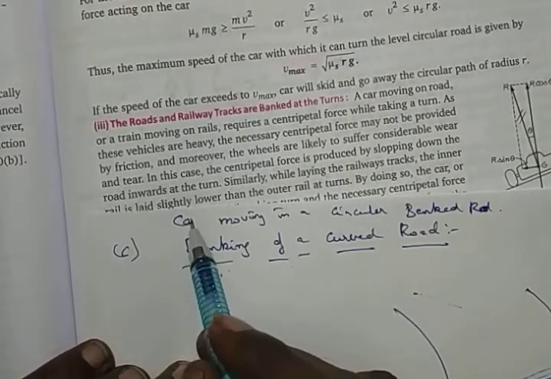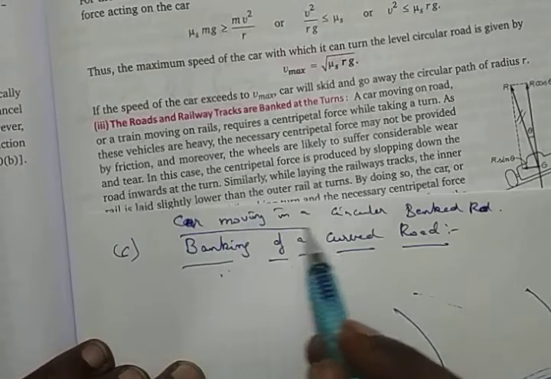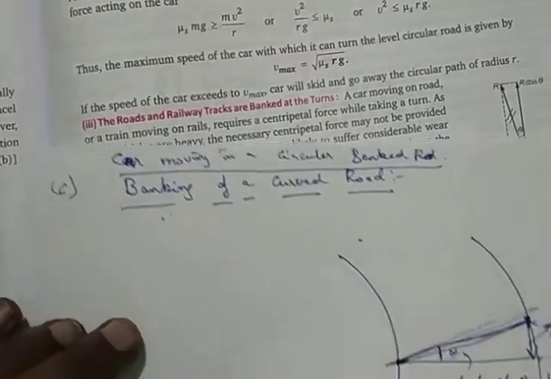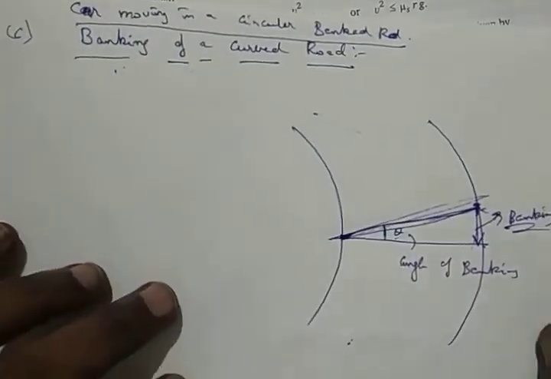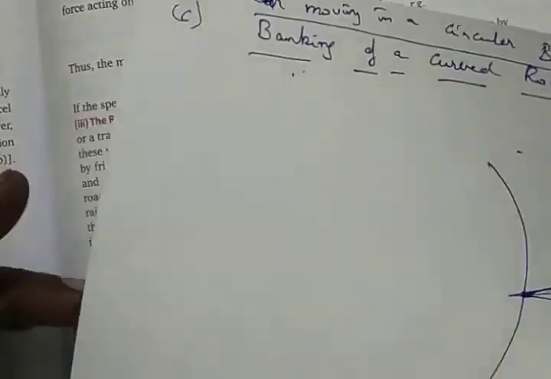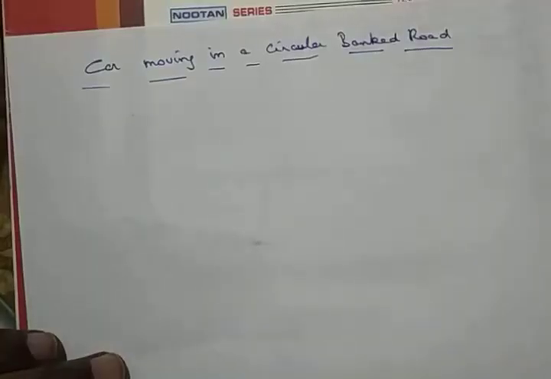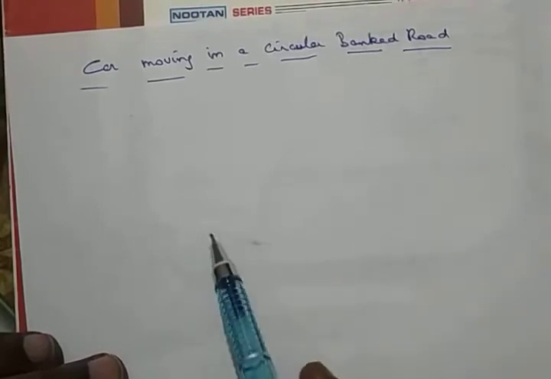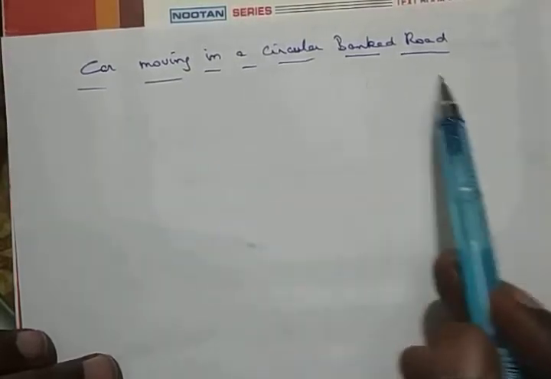A car is moving on a circular banked road. So what will happen? We're going to see this. So let us see this topic, car moving in a circular banked road.